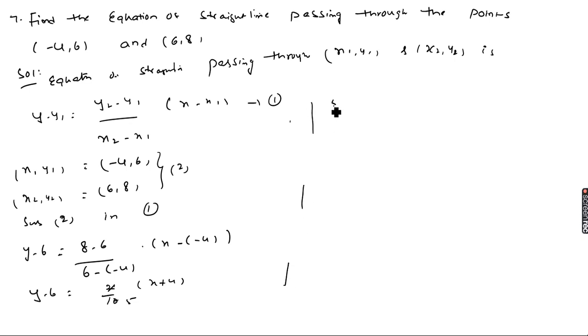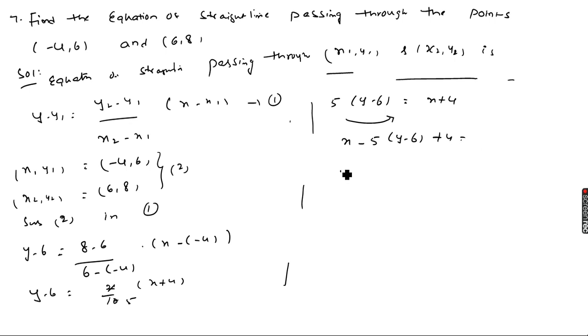Therefore 5 into (y minus 6) equals x plus 4, and we get x minus 5 into (y minus 6). Taking this to the other side, the plus becomes minus, equal to 0.